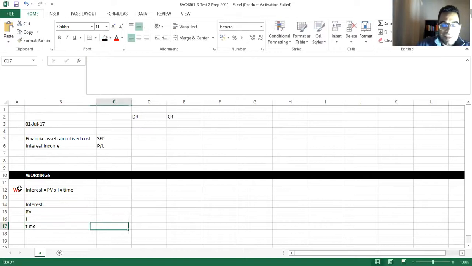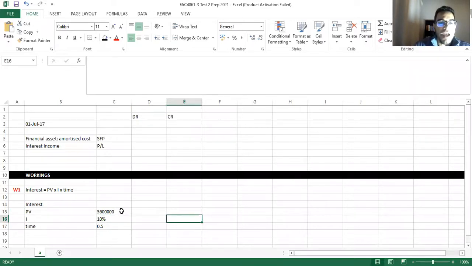The time is 6 over 12, so it is 6 months out of 12 months, 6 divided by 12. i was given to us as 10%. The present value was given to us as 5.6 million. Remember, the amortized cost amount at 31 December 2016 is the present value at the beginning of the year.